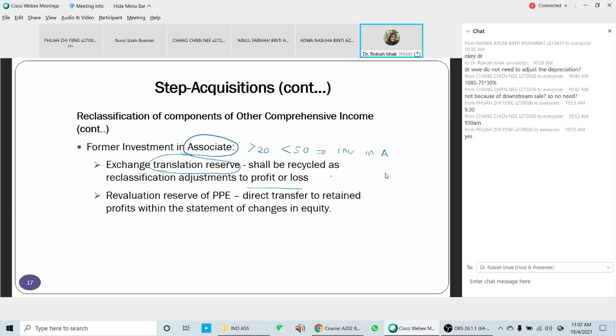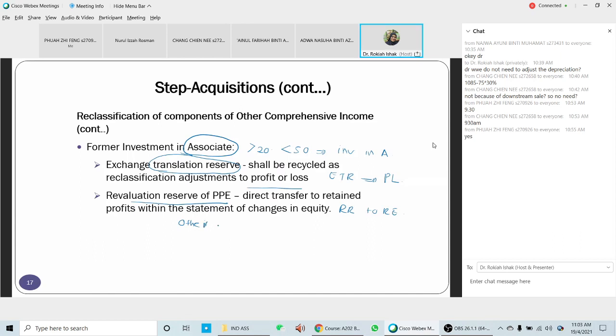So if you have the exchange translation reserve, this needs to be transferred to the income statement, the P&L. But if you have a revaluation reserve, it is transferred directly to retained earnings. Yeah? Revaluation reserve is transferred to retained earnings.